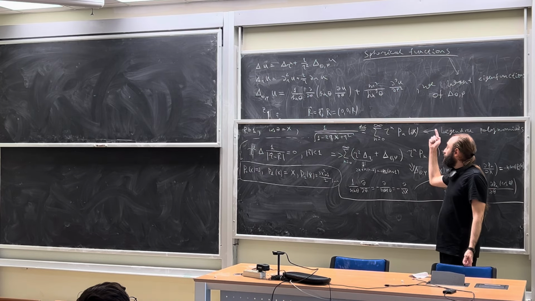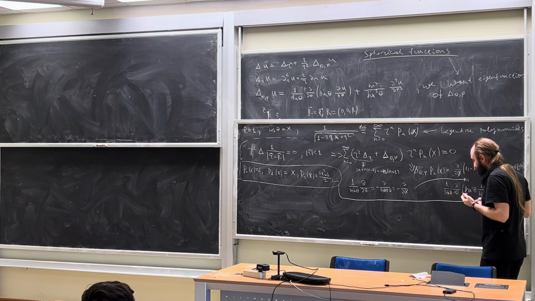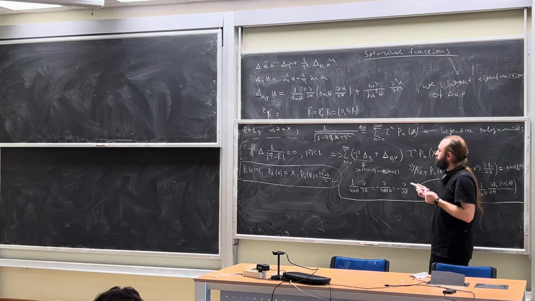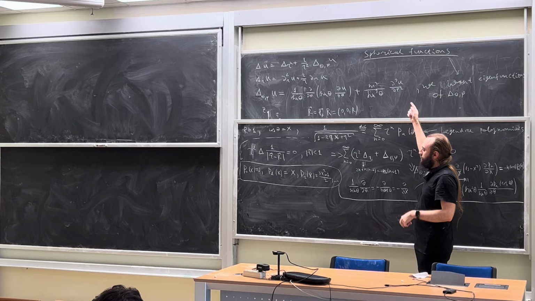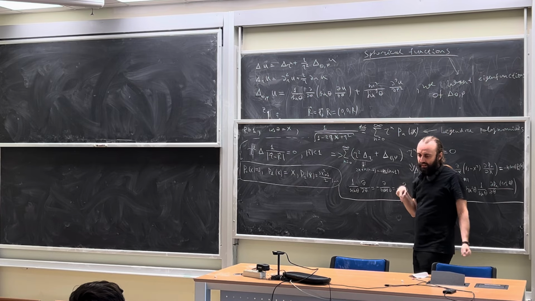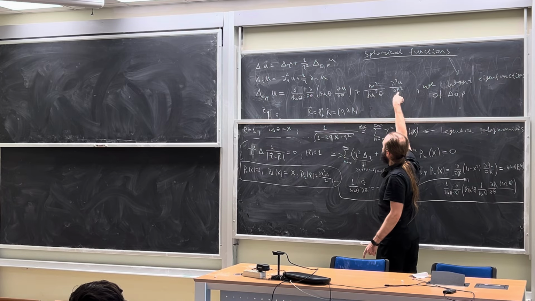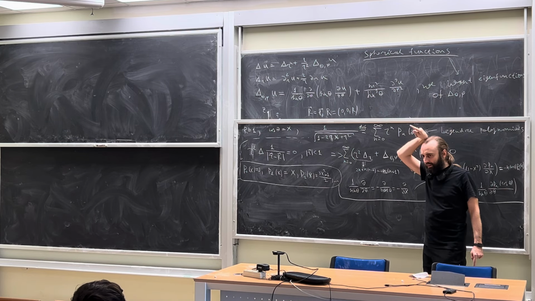In a sense, we can perform a Fourier transform in phi, and the only functions we are interested in are of the form e to the i m phi times some function of theta. Because we can first diagonalize this operator and then the whole Laplacian.